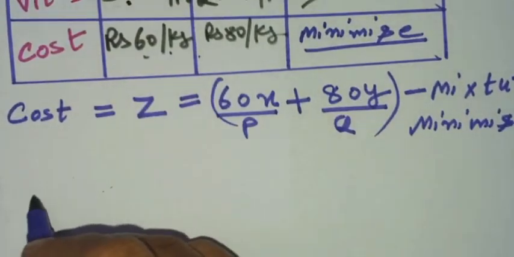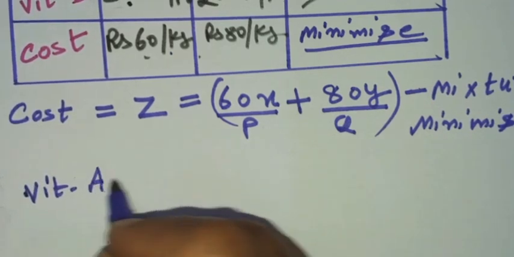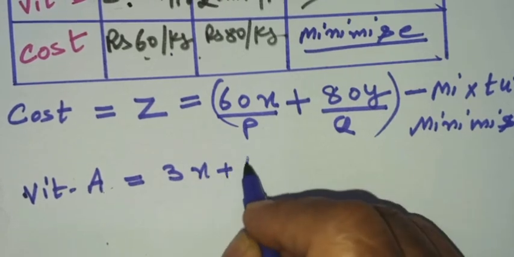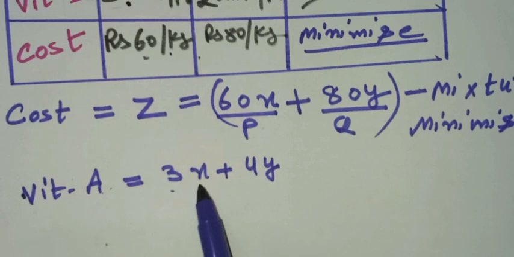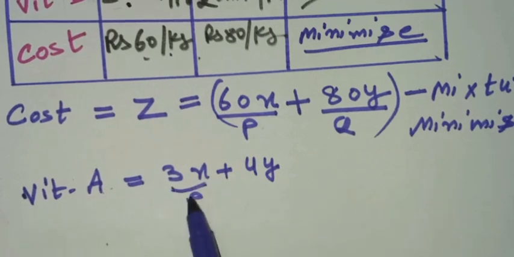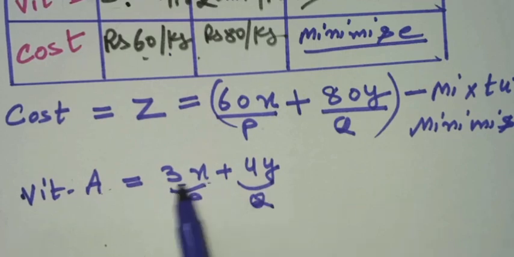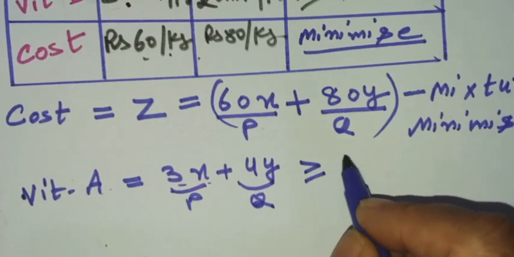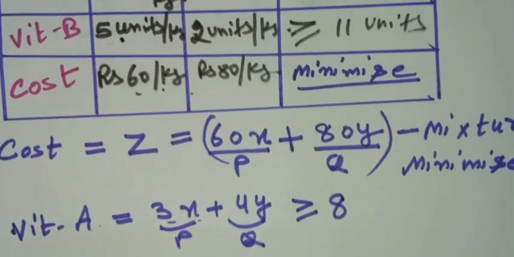So we can write that total vitamin A in the mixture will be 3x plus 4y units. 3x units from food P and 4y units from food Q. This is total vitamin A content in the mixture. But according to the question, total vitamin A content has to be greater than or equal to 8.